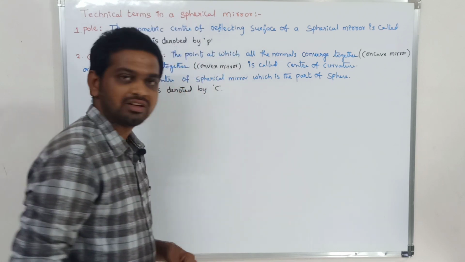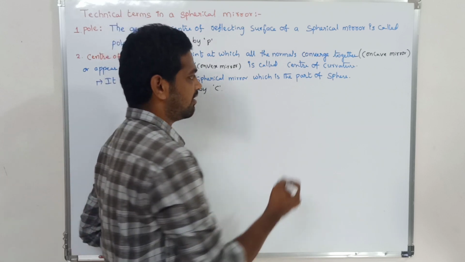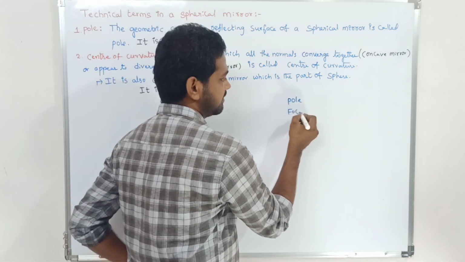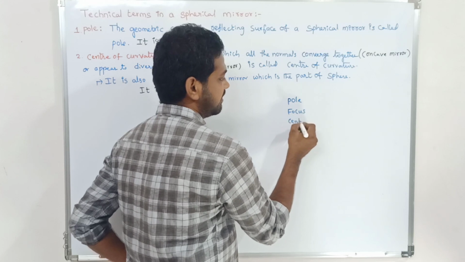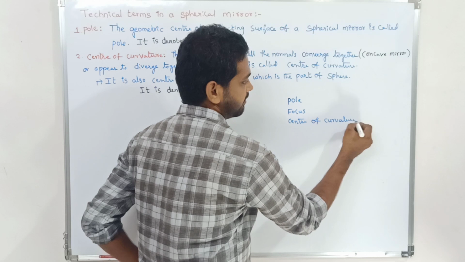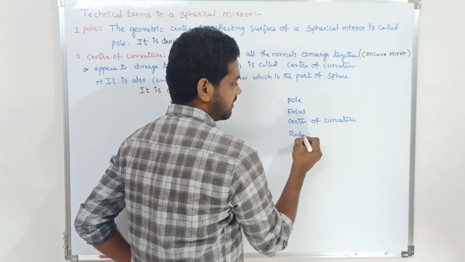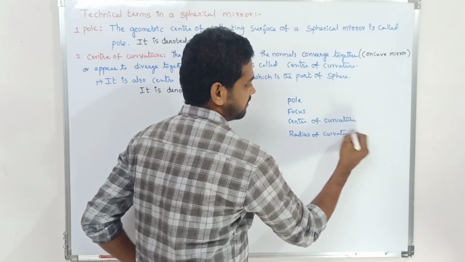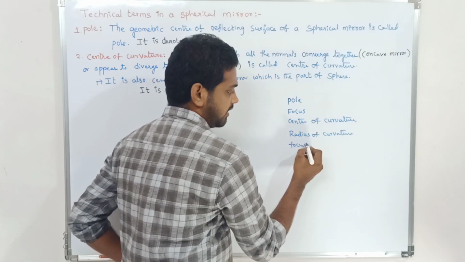The terms related to the spherical mirror are pole, focus, center of curvature, radius of curvature, and focal length.